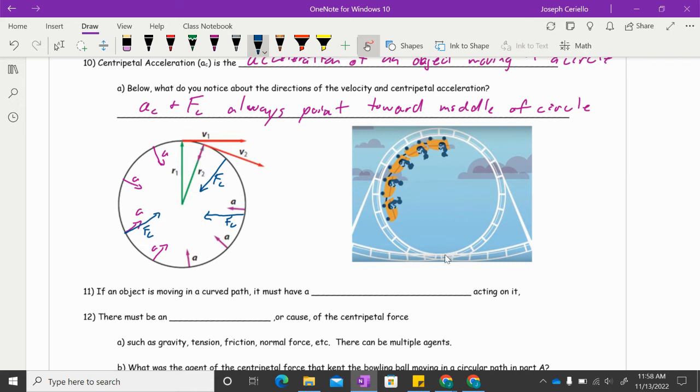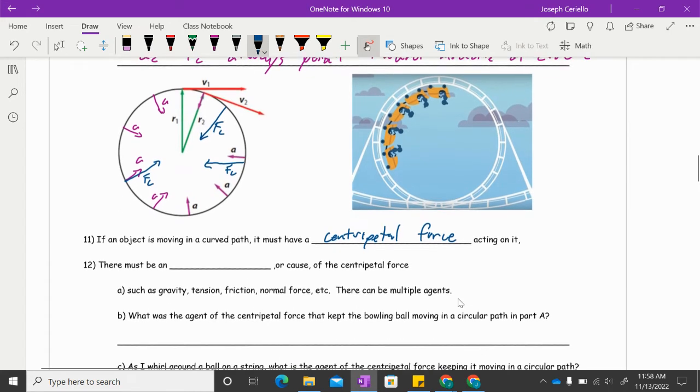So if an object is moving in a curved path, it must have a centripetal force acting on it. But you would never draw centripetal force in a free body diagram.